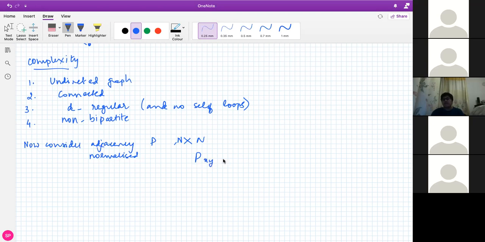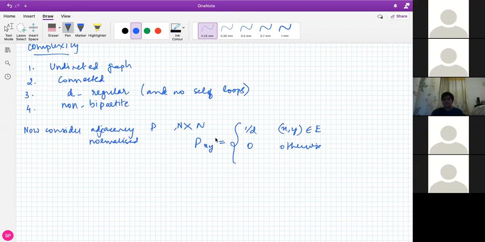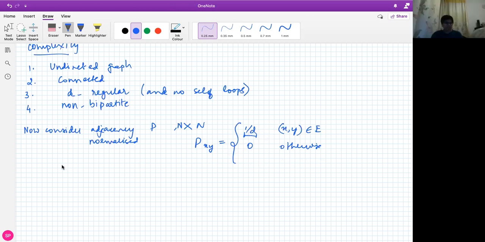An element xy of this matrix is going to be 1 by d if xy is an edge in the graph, and 0 otherwise. Now you understand why we need the requirement that it's d-regular. We want some constraints on these values.